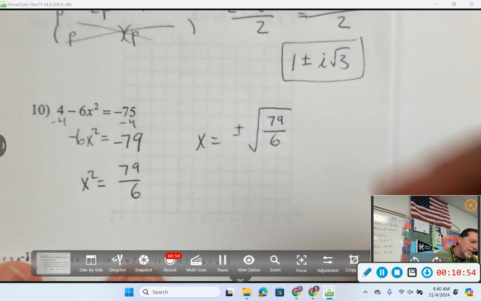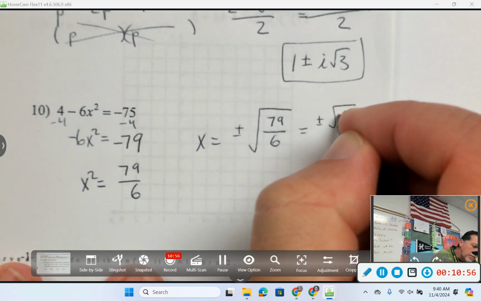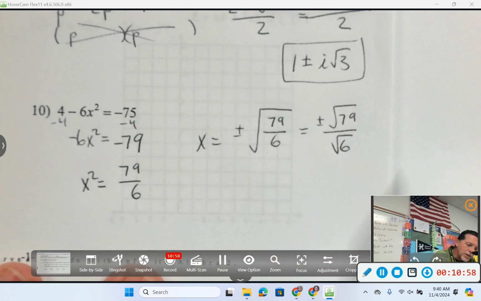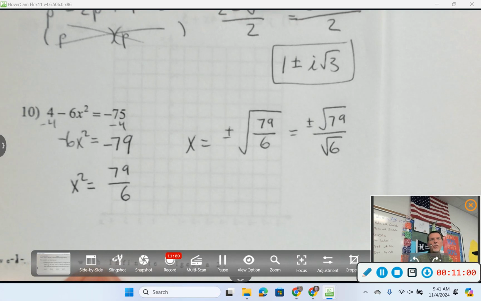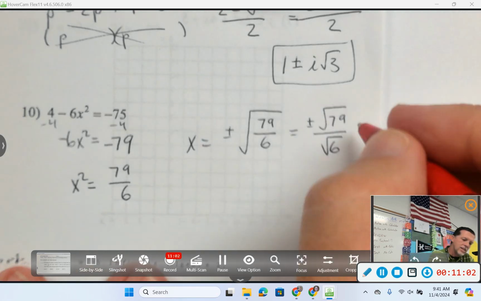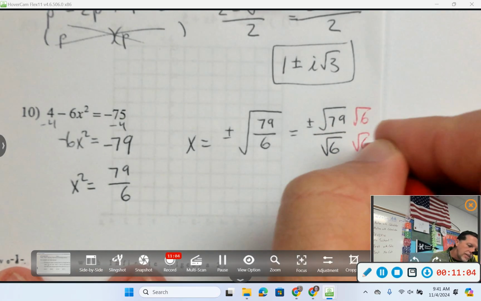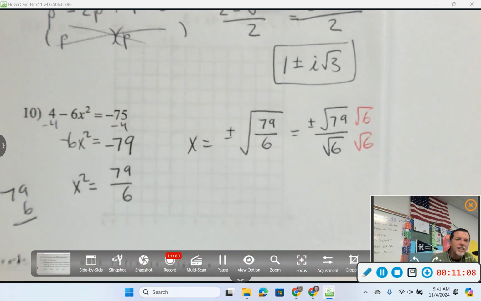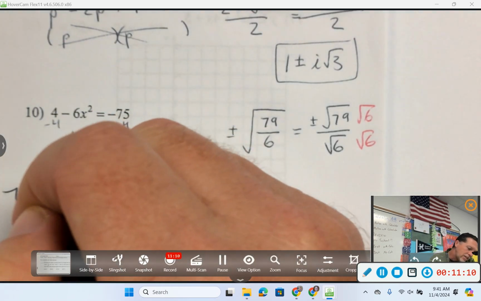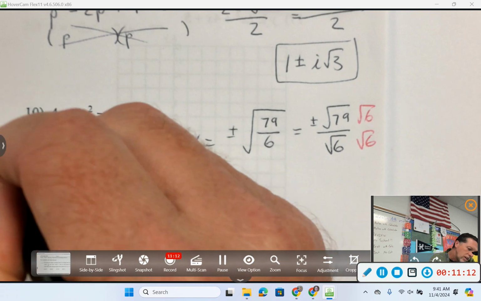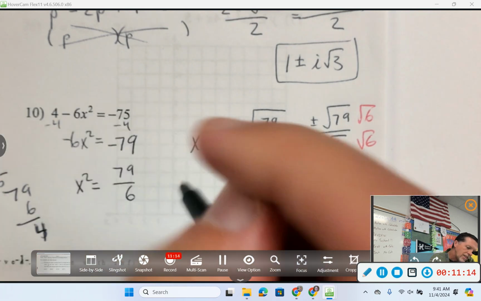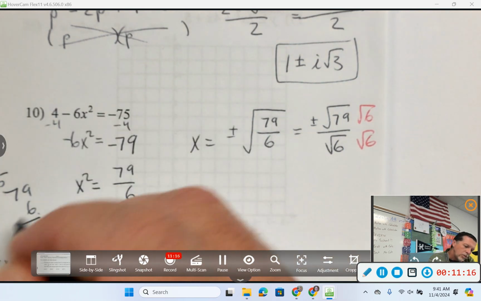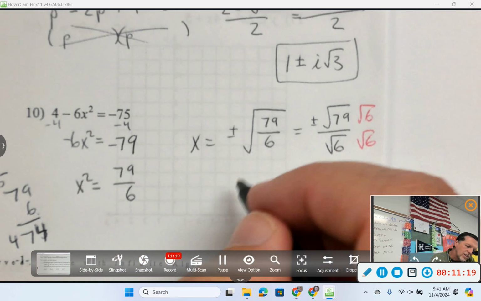Yes. So I'm going to clean that up. I'm going to rewrite it like this. That helps some people see how to fix it. 79 times 6. Well, thanks a lot for that. 9 times 6 is 54. Carry the 5. 42 plus 5 is 47.